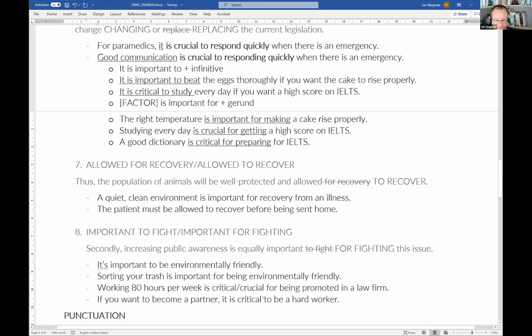And for being is not going to work here. Yeah. Memorize it like this. It's important to be, it's critical to be, it's crucial to be.